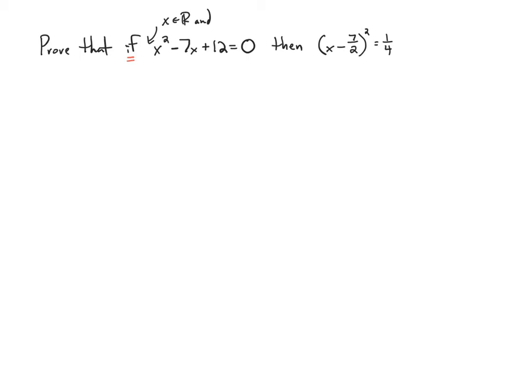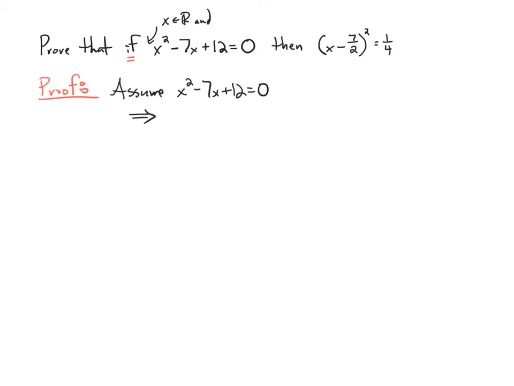Okay, now that you're back, let's prove this. So proof, switching to my black pen here. Let's assume that x squared minus 7x plus 12 equals 0. Does this factor? We could use the quadratic formula as well, but looking at this, can I come up with two numbers that multiply to 12 and add to minus 7?